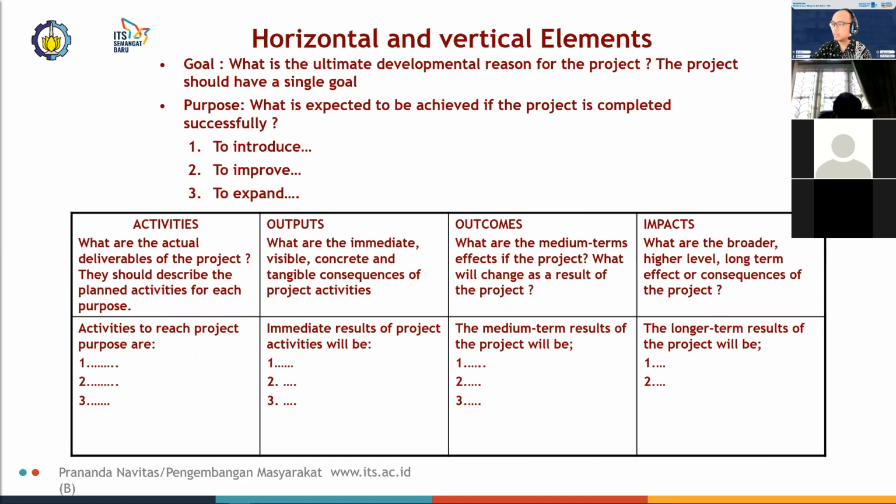So looking at horizontal and vertical elements, as I mentioned, we need to arrange them in a matrix. You're probably already familiar with the SWOT matrix and so on.